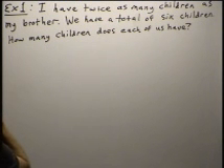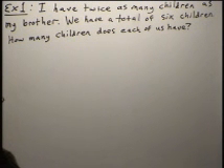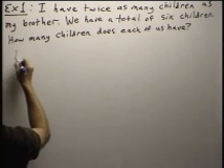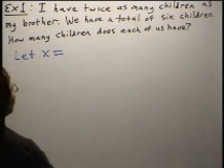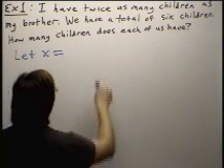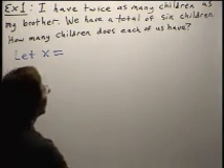So to assign our variable, the unknown quantity, well, there are 2 unknown quantities, how many children I have and how many children my brother has. So to decide which one of them should be the variable, should it be my children or my brother's children? Well, up here it says I have twice as many children as my brother.